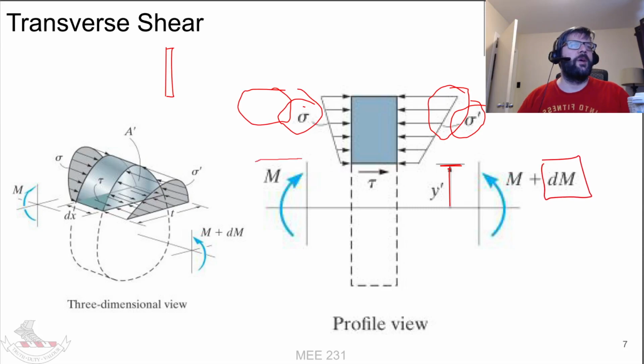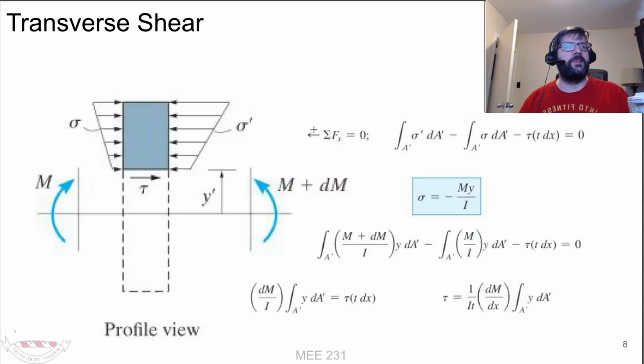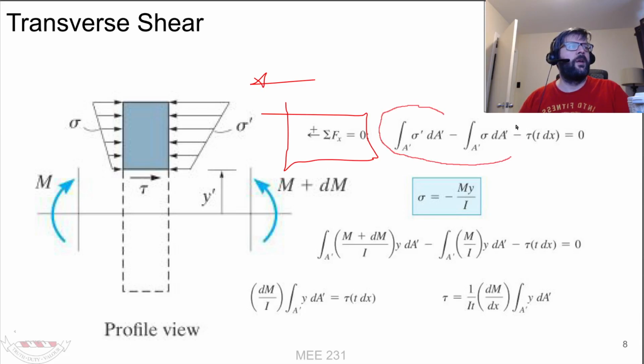So we're going to have a moment on this side, and we're going to have that same moment on the other side plus a little bit. That means these forces are going to be a bit larger than this force, which means when we sum up the forces in this direction, those forces plus this force here caused by the shear stress on the bottom face.